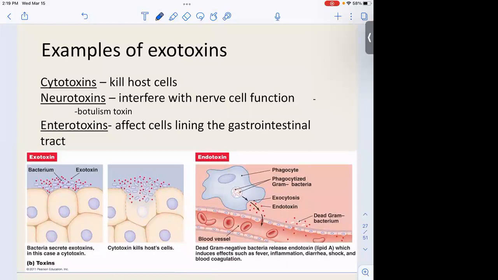Another example, tetanus toxin. We're going to talk more about those later on in the semester. Enterotoxins are another exotoxin. Don't confuse that with endotoxin. It sounds the same, but here's that root entero again. Remember that I said that means intestinal. So these are exotoxins that affect the lining of the gastrointestinal tract.